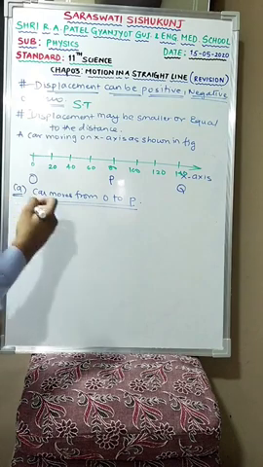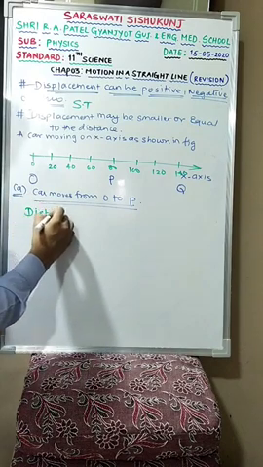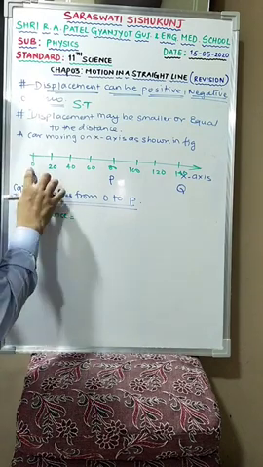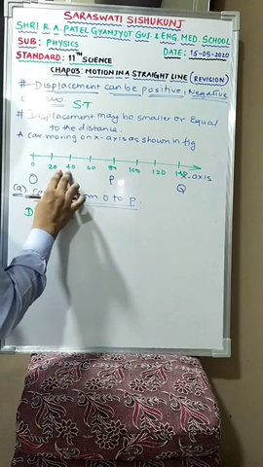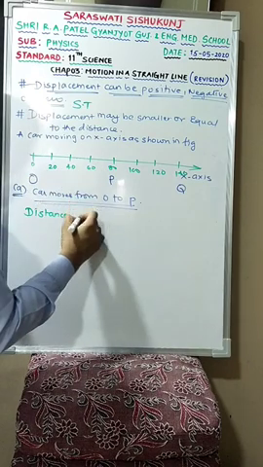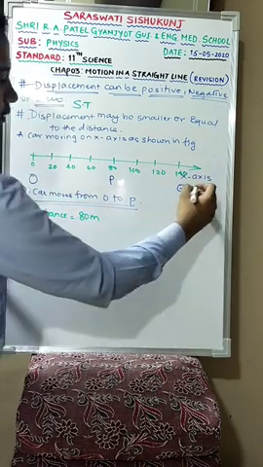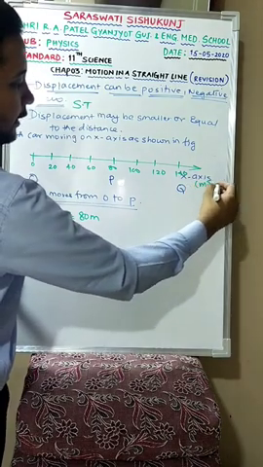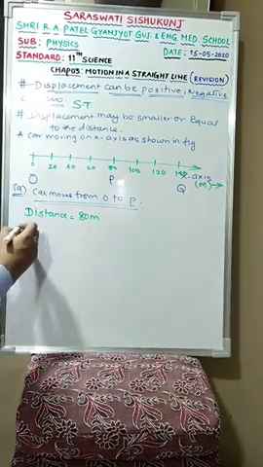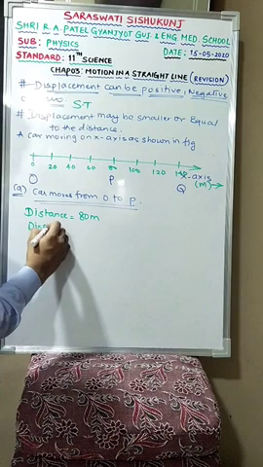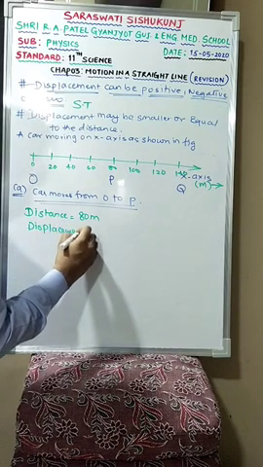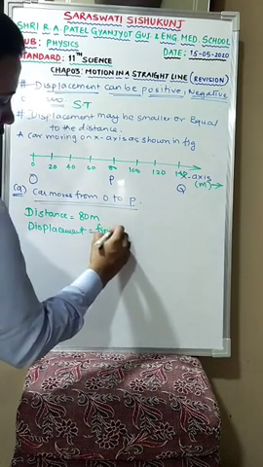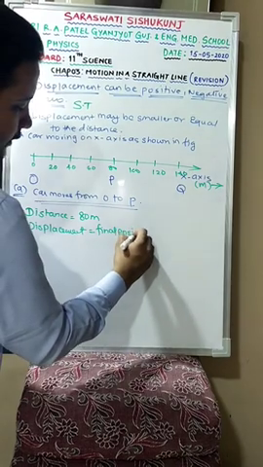Now what is the distance from O to P? O to P means 20, 40, 60, 80. So the distance is 80 meters. Yes or no? What is displacement? Displacement is final position minus initial position.